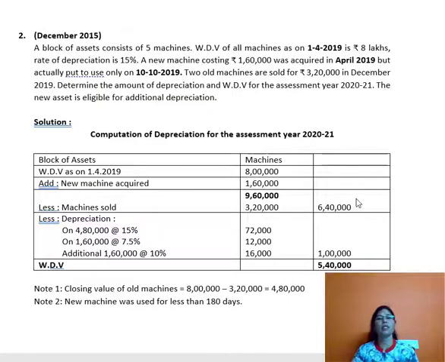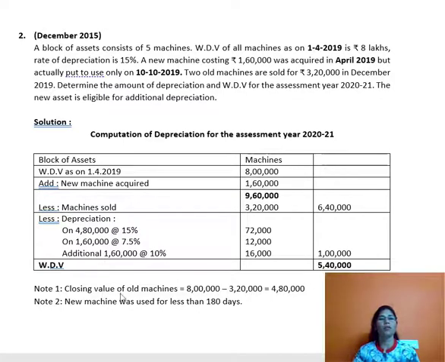Now on the 6,40,000, we have to charge the depreciation. Now the new machine which is acquired 1,60,000. Let us deduct this 1,60,000 from 6,40,000. So on 4,80,000, we are charging at the rate of 15%. And on 1,60,000, we are charging at the rate of 7.5%.